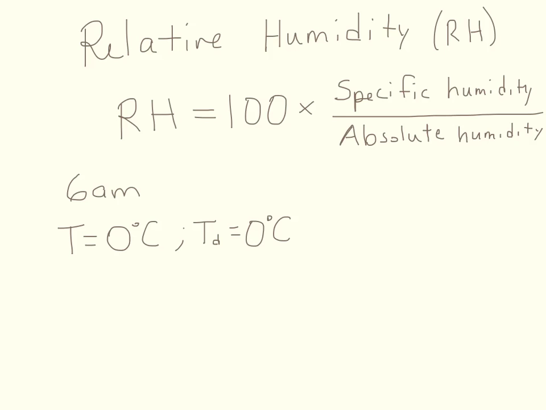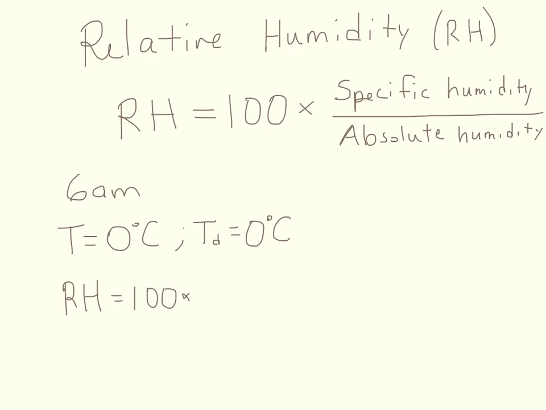Okay, and we know at this point we have a saturated atmosphere, and it turns out that we can write our equation here for relative humidity as 100% times the specific humidity of the atmosphere divided by the absolute humidity of the atmosphere.